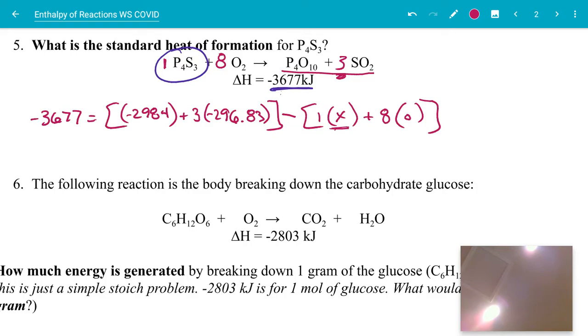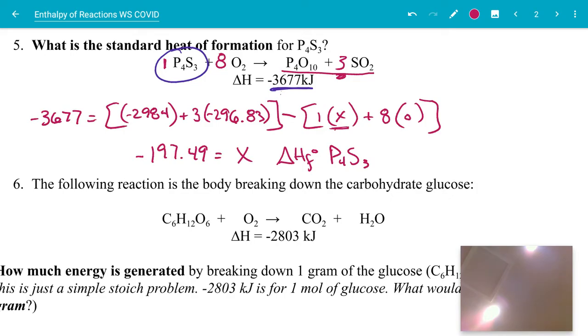We're just solving for a single x, no coefficient in front of it this time. So we should end up with an answer of minus 197.49 equals x. There we go. I had to turn my positives and negatives around. But that is the heat of formation for P4S3. And we've solved 2 of them.